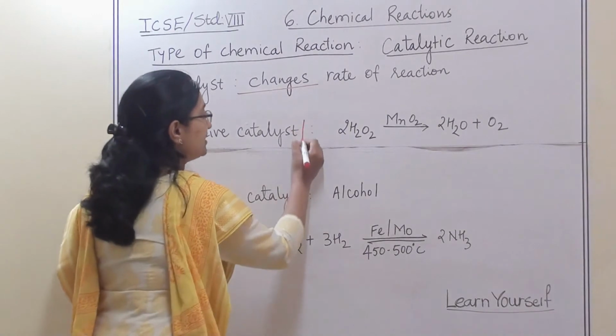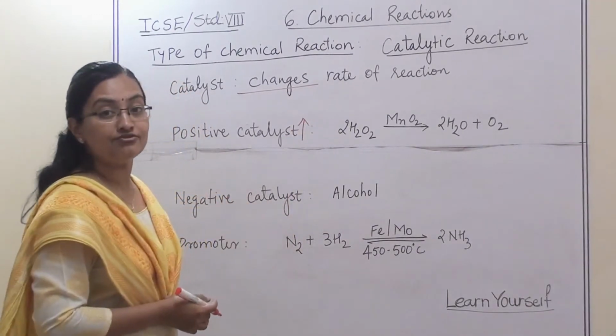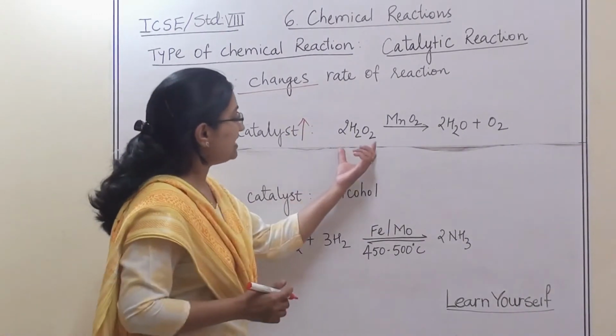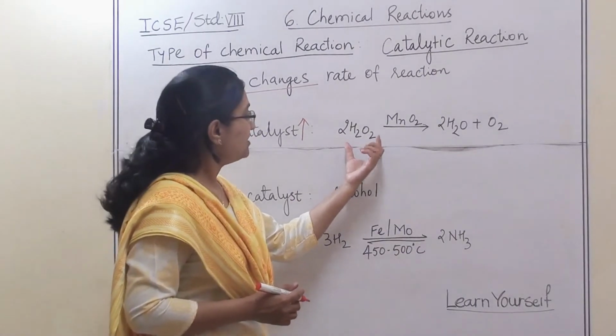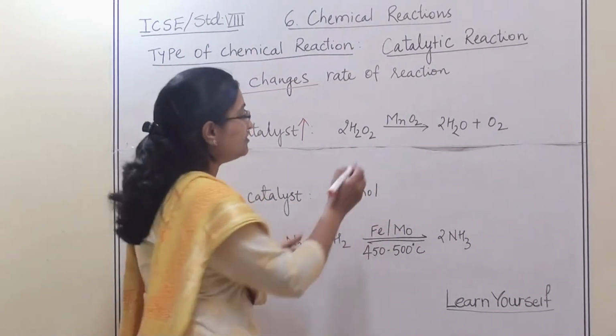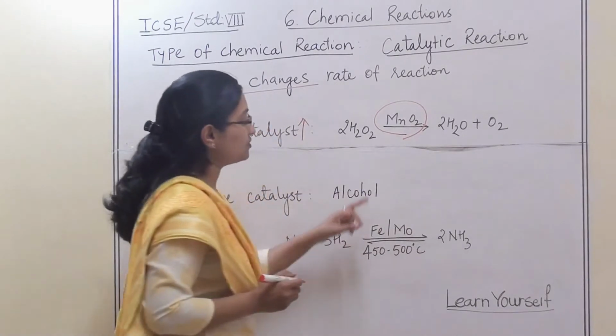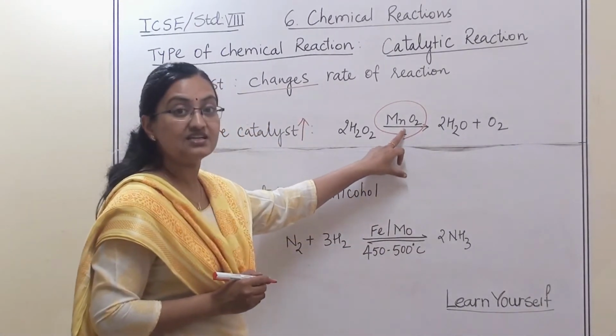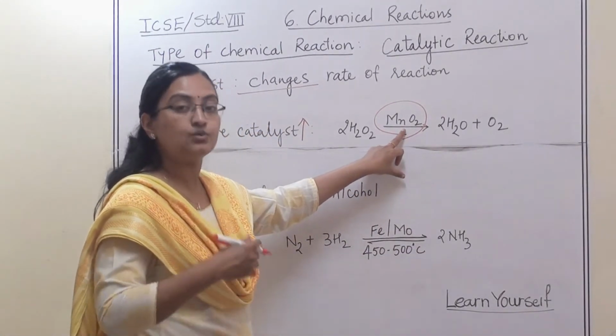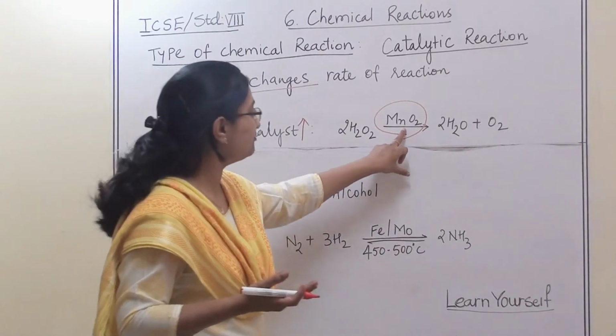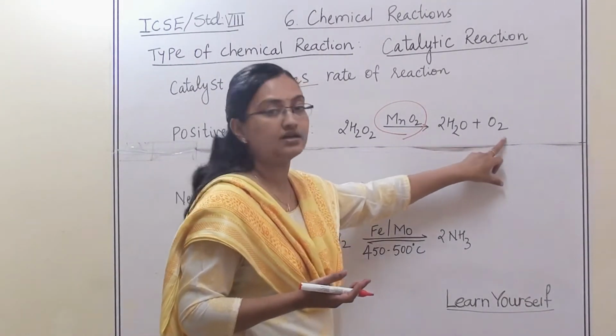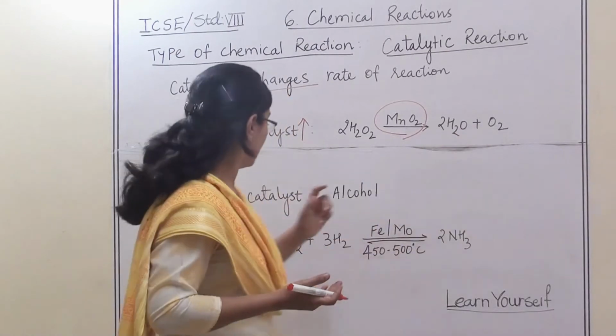A positive catalyst will increase the rate of reaction. When we take hydrogen peroxide and decompose it, we use manganese dioxide. So manganese dioxide is the catalyst and it will increase the speed of reaction and we will get water and oxygen.